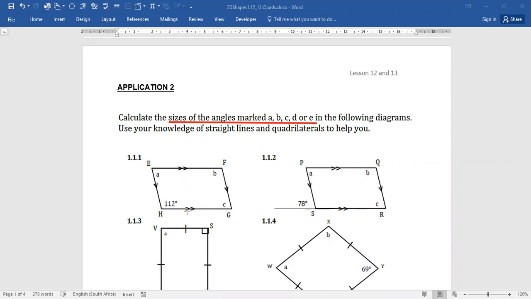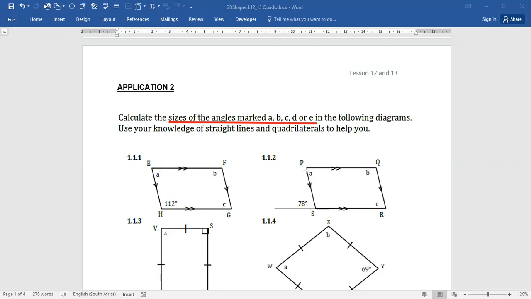Remember, you can use parallel lines where necessary. The FUN: F for corresponding angles, U for co-interior angles, which are supplementary, and N, or Z, for alternate angles.